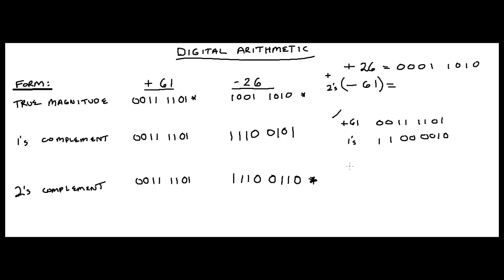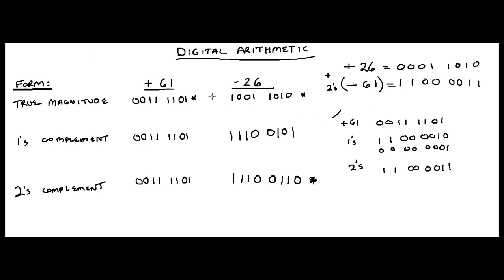And now for the 2's complement, we're going to add 1 to it, aren't we? So the 2's complement would simply be 1, 1, 0, 0, 0, 0, 1, 1. There's your 2's complement, right? So let's write it up here. 1, 1, 0, 0, 0, 0, 1, 1.